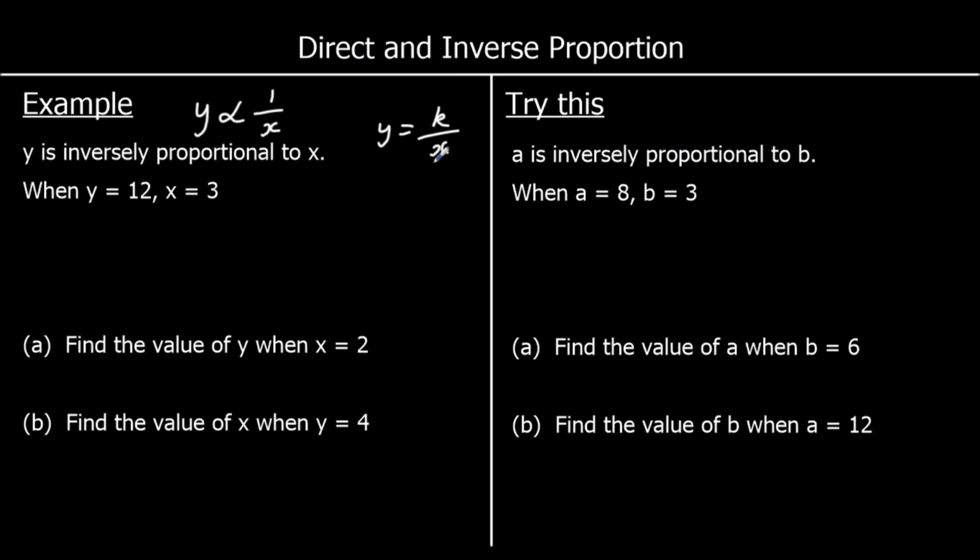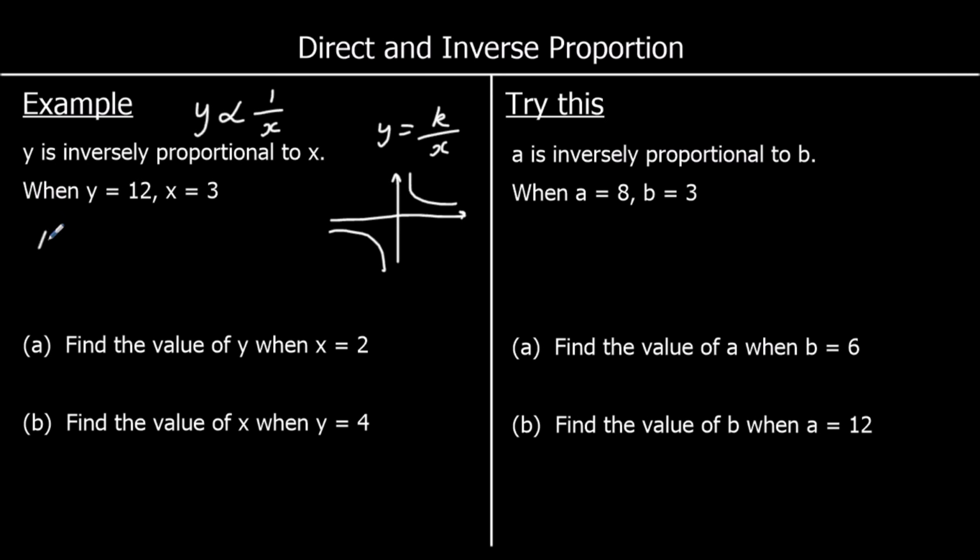And on a graph, a 1 over x graph or a something over x graph looks like this. So again, we're given values of y and x we can use to work out k. So we know y equals k over x, when y is 12, x is 3.